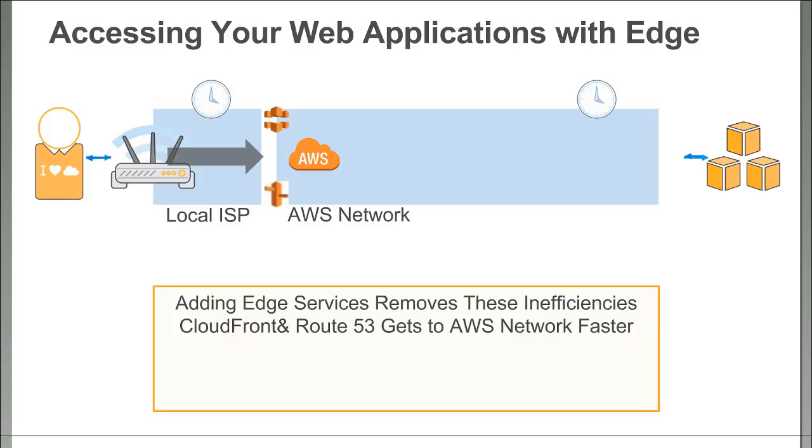CloudFront, our content delivery network, has edge locations that are closer to the local ISPs, and in many cases may be connected directly to those local ISPs. Route 53, our DNS service, if your domain is hosted with Route 53, is going to hit one of our DNS resolvers and get to the AWS network faster, because you'll end up hitting an Amazon CloudFront edge location.